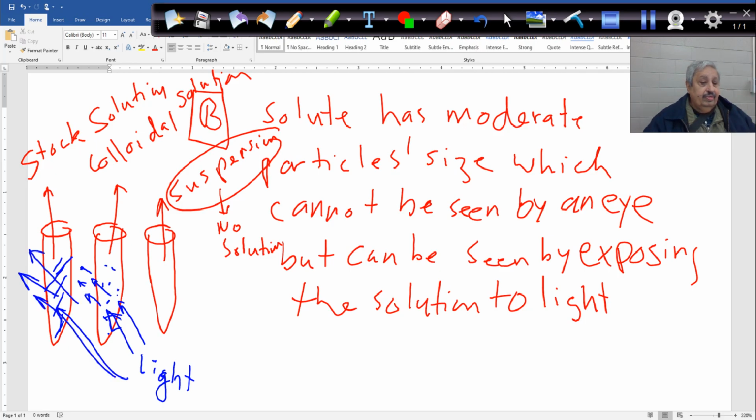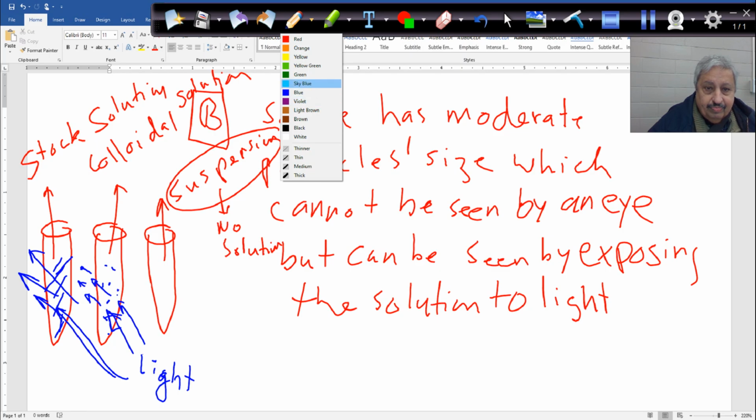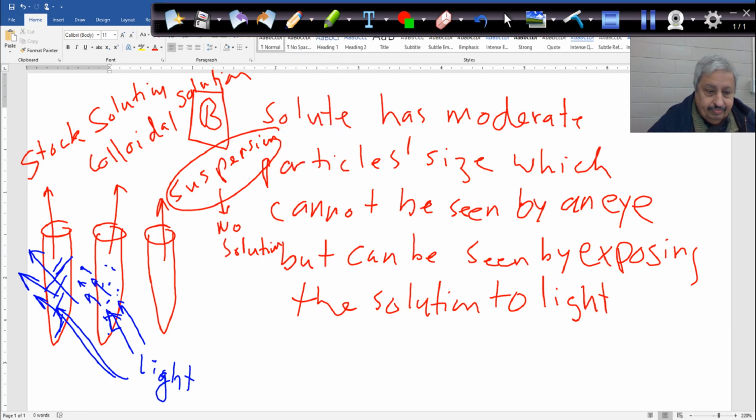Now, if I put light through this, I can see nothing. Okay, guys. So here I can see those particles. If I expose this one to the light, I can see the particle.